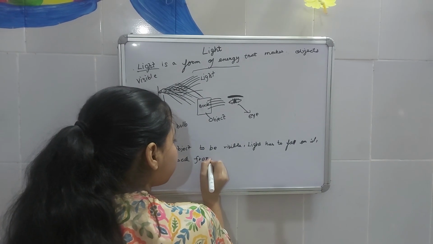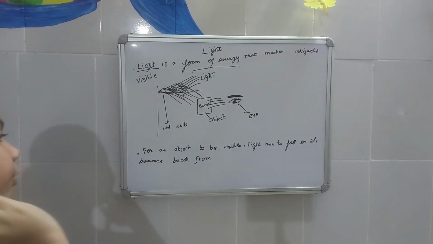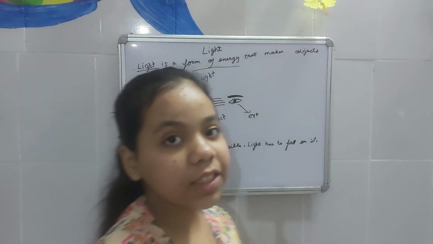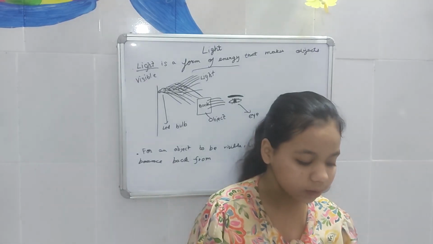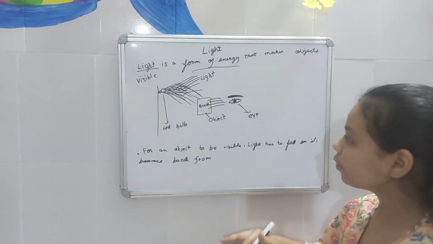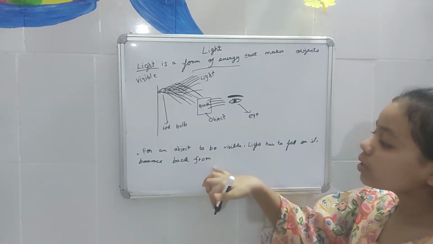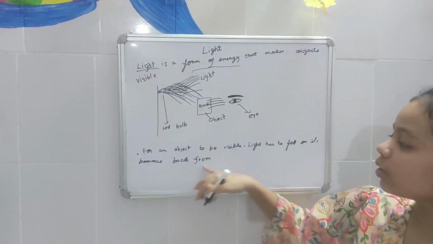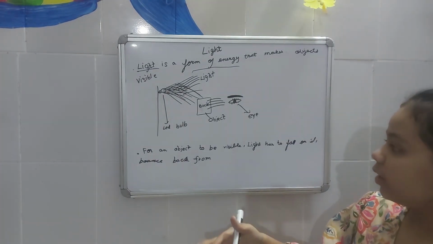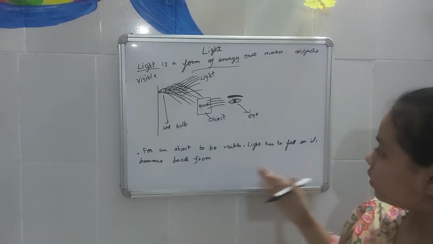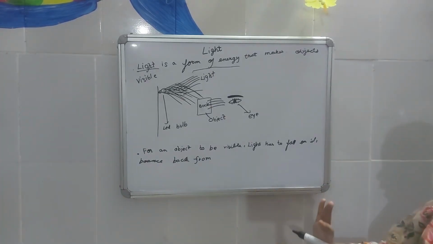In your book it's not written "from", but you have to write it, because the examiner can ask from where. The answer is not written for where, it's just telling that it bounces back, but in which direction, from where?